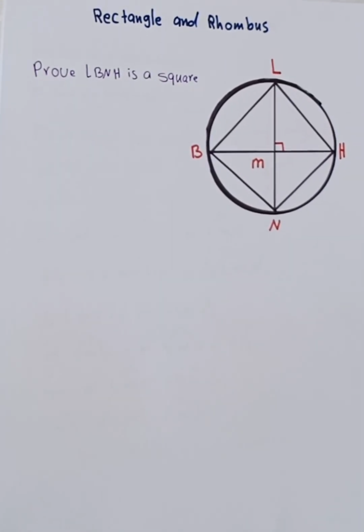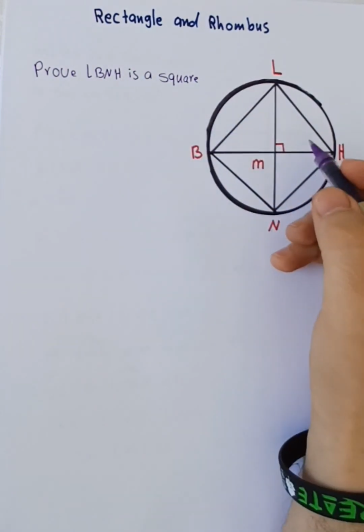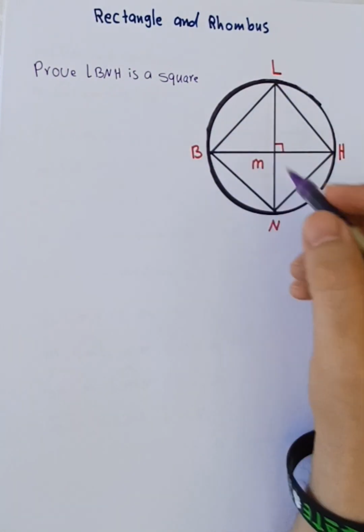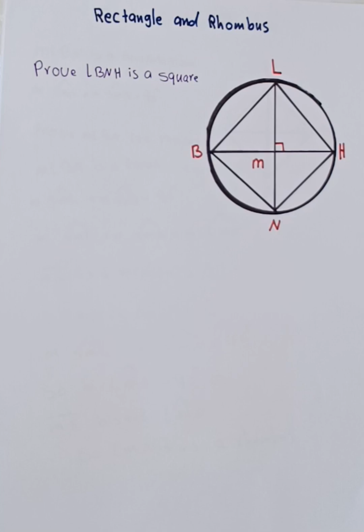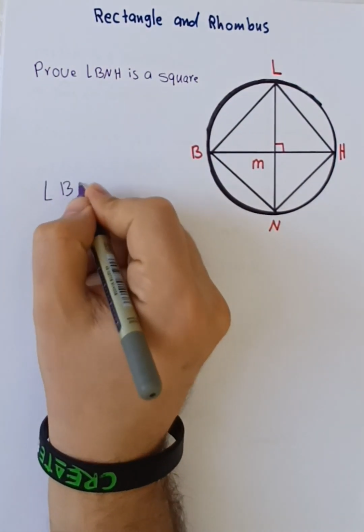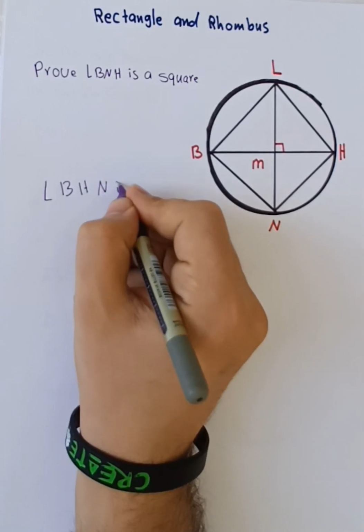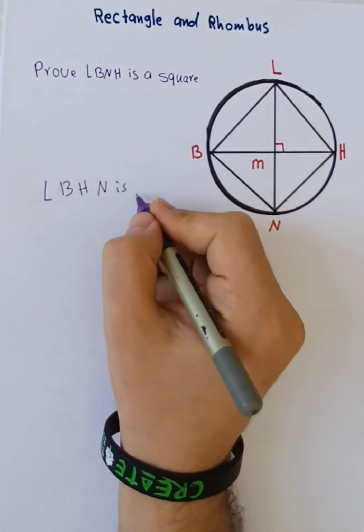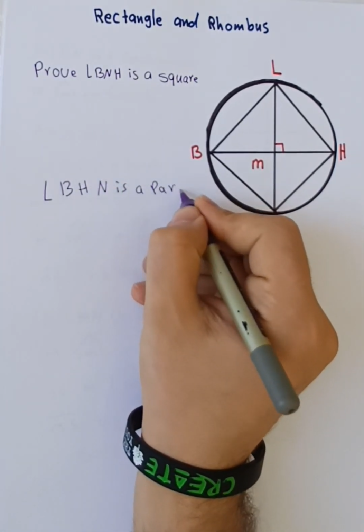After that, you have this figure. This is the last example about this lesson. So for this figure, you have to prove that LBNH is a square. First, you can say LBNH is a parallelogram.